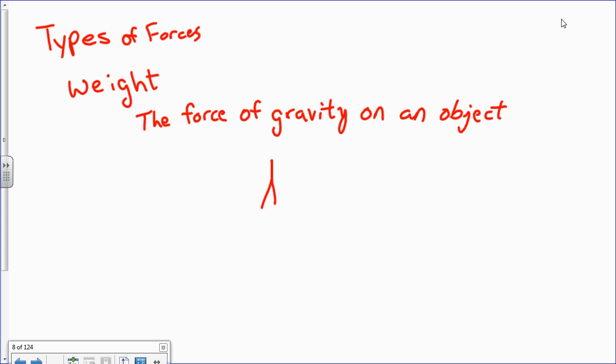So for example, I have a certain mass. My mass is about 70 kilograms. But that's a different thing from a force. Mass is a measure of inertia. It's a measure of how much material is in your body. But a force, and this is the force due to weight by Newton's second law, is that mass times some acceleration.